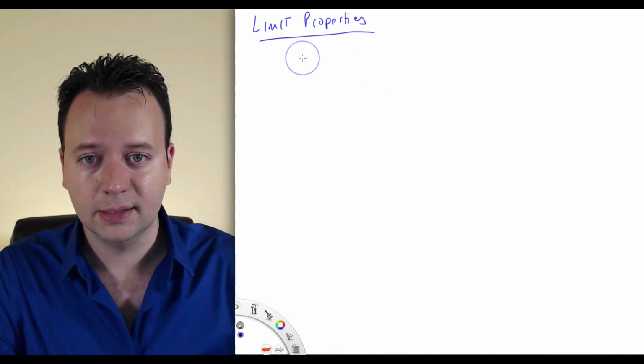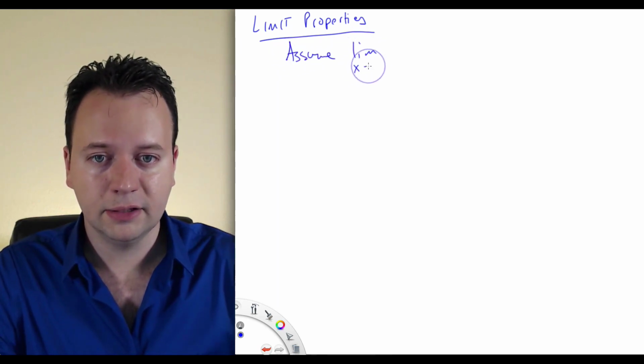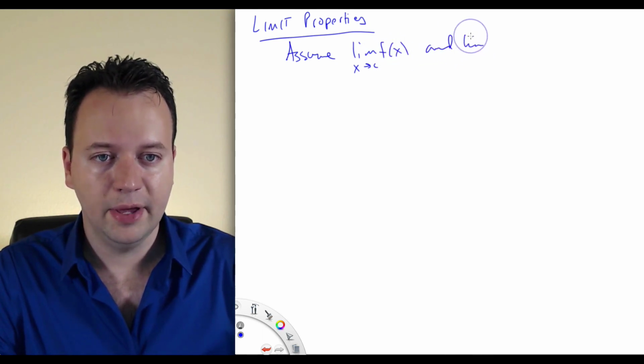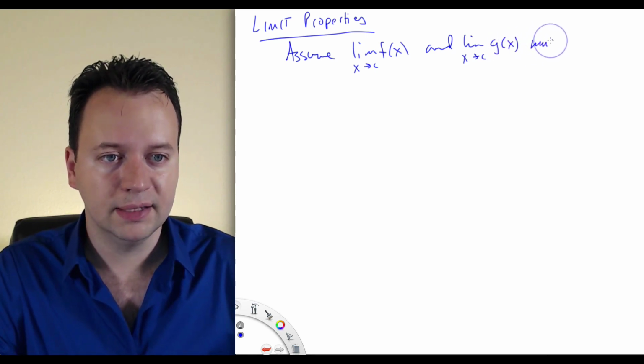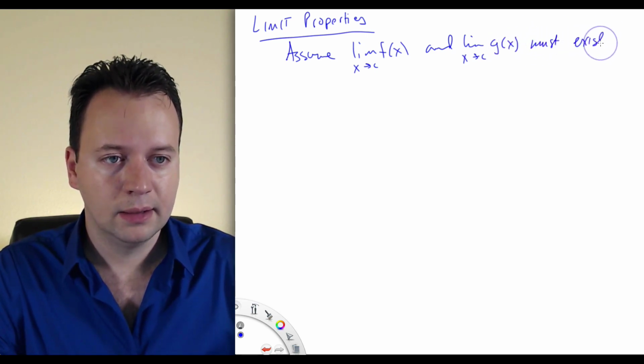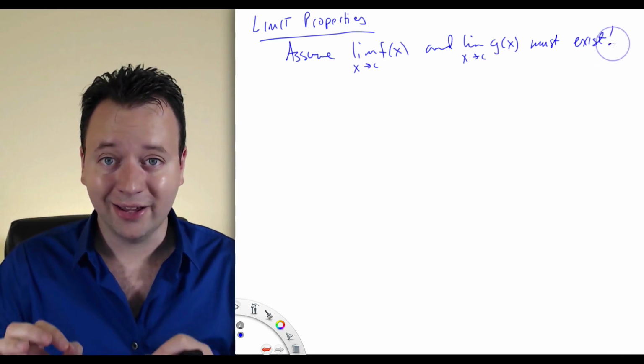And that condition is that the limit as x approaches c of f of x and the limit as x approaches c of g of x must exist. So in other words, they have to actually give you a particular number.